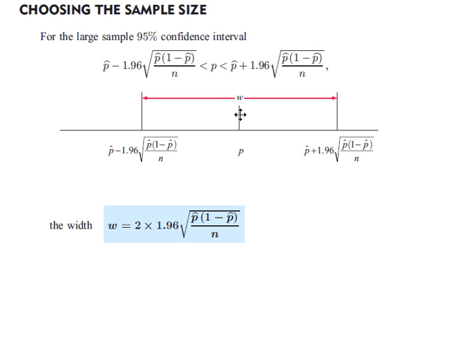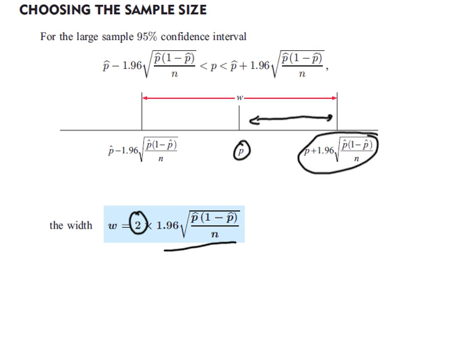So the confidence interval as drawn here, the width is the distance between one extreme and the other, which in fact turns out to be twice the distance from the population proportion to this value here, which works out to be 2 lots of 1.96 times by root p hat (1 take p hat) on n.